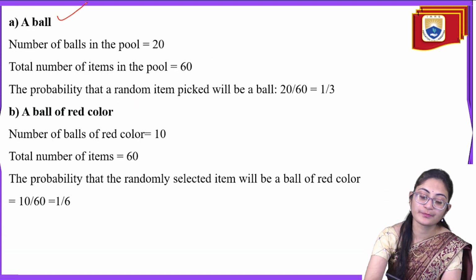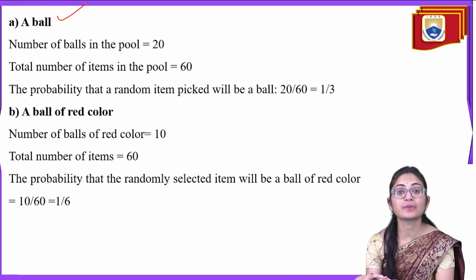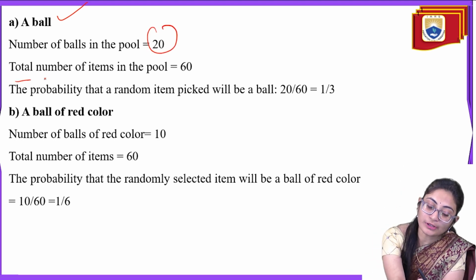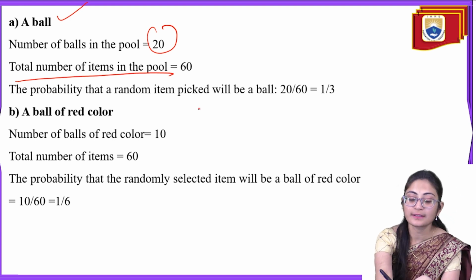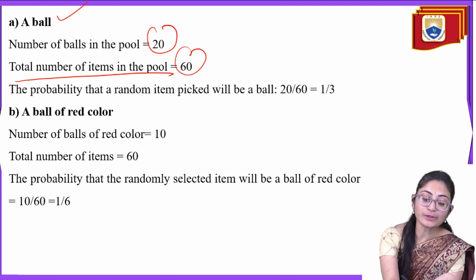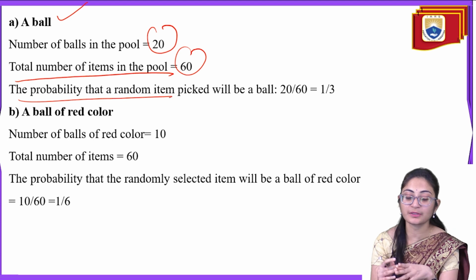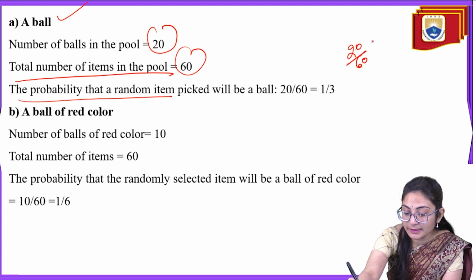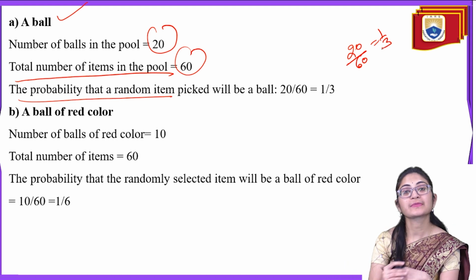First, a ball. The number of balls in the pool is 20 and the total number of items in the pool is 60. Now we have to pick a ball, that will be 20 by 60, so it is 1 by 3.